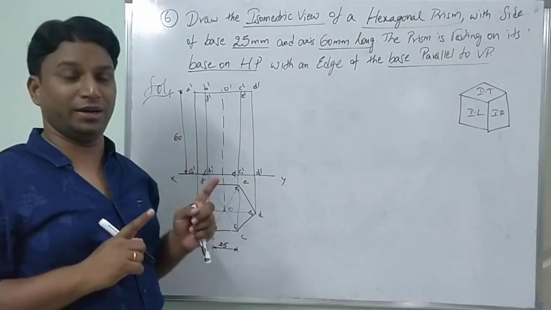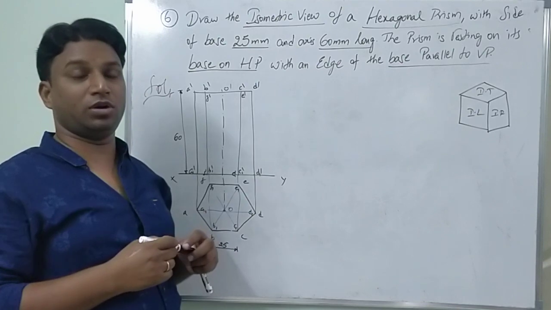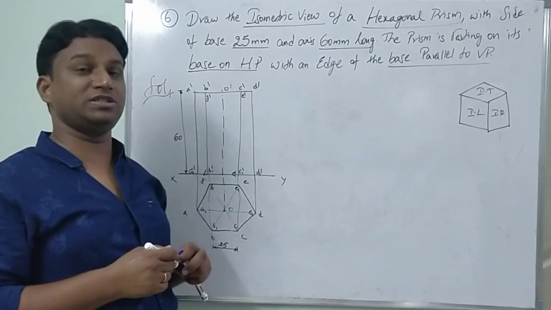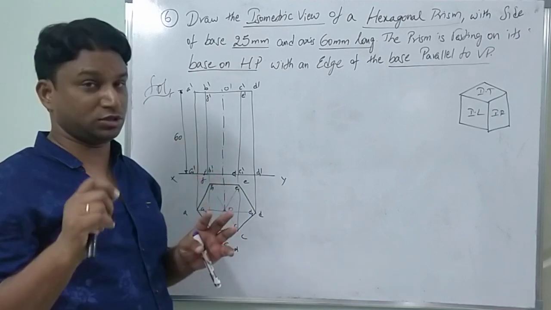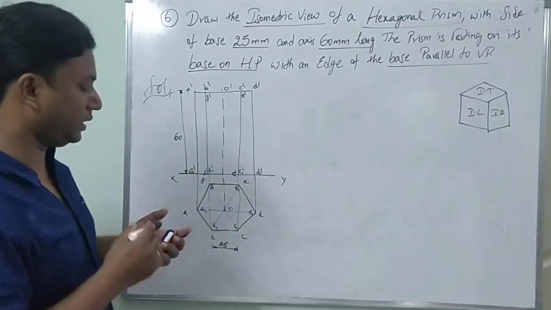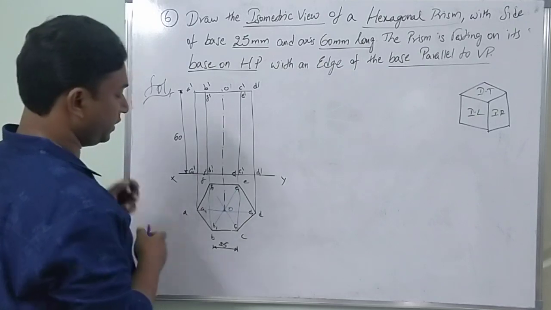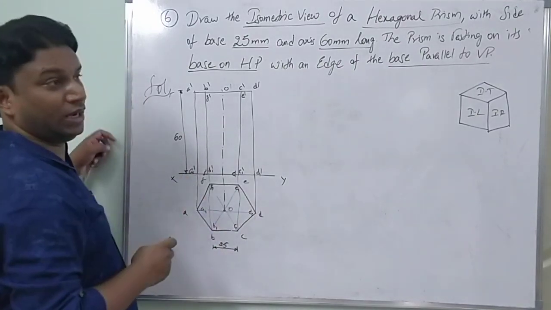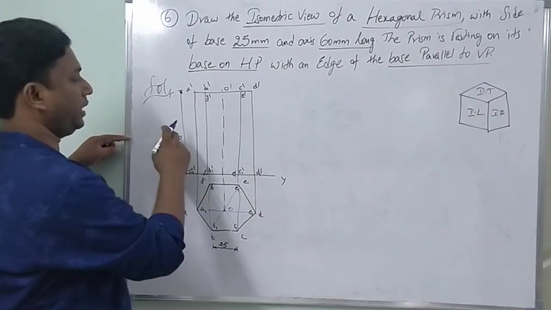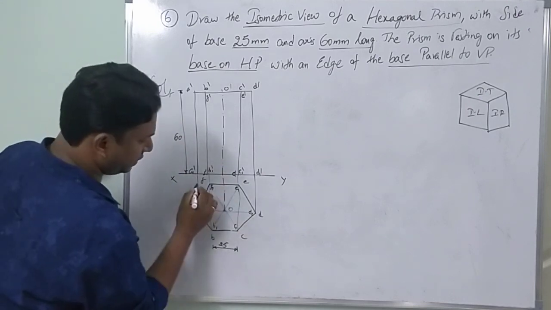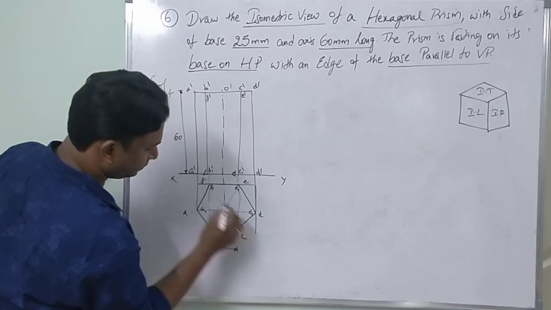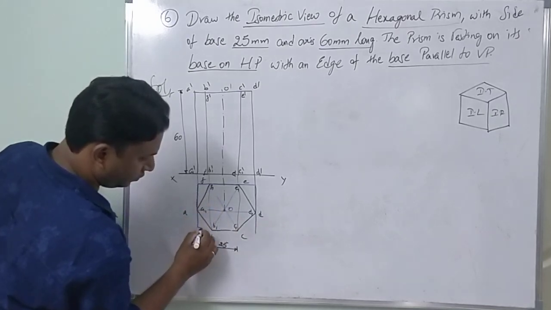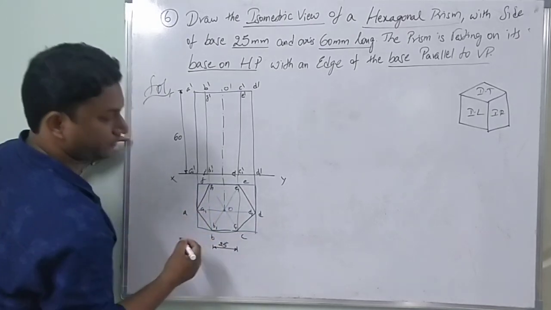Remember what we did in the earlier chapter, drawing isometric views of planes of irregular shapes like triangle, pentagon and hexagon. We used the box method, right? Same box method here we are supposed to use to find out its length and breadth. Height is 60, common here, but for this you are supposed to construct a box to insert the hexagon.